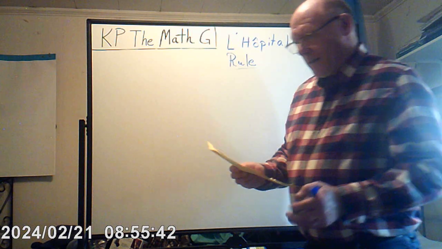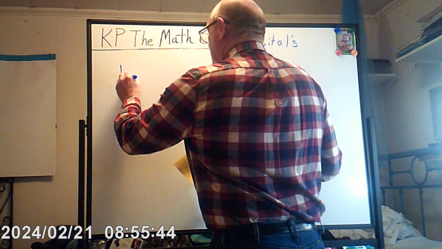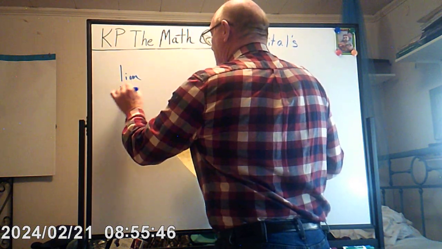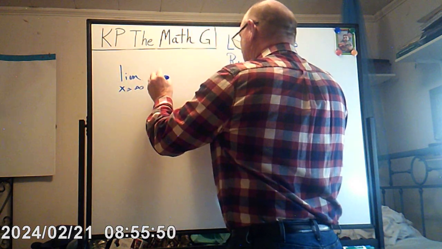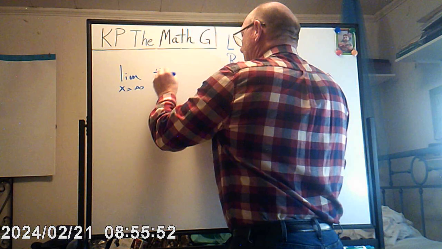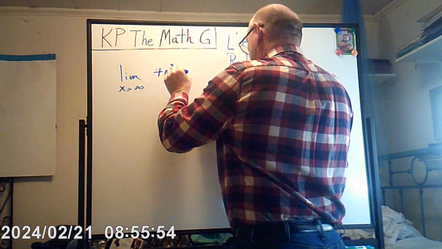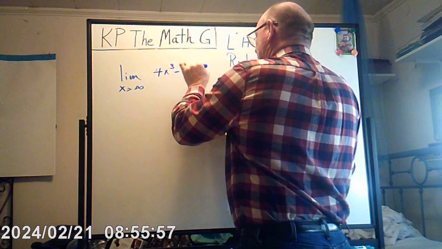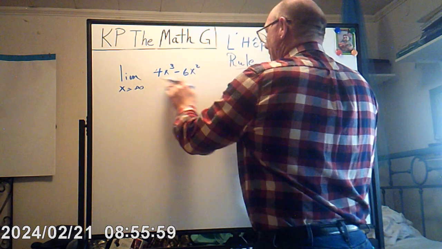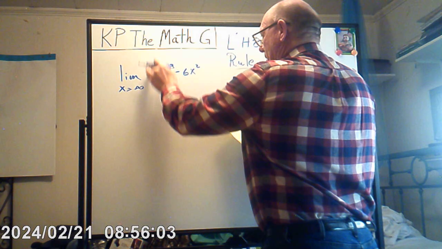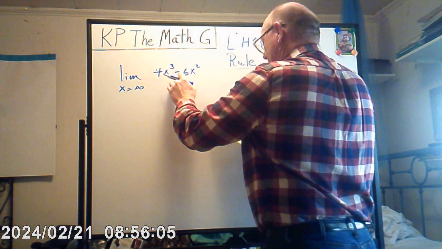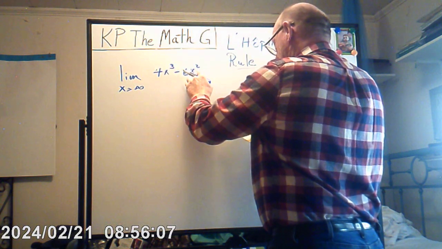Okay, now let's go ahead and do one final example. Let's look at a limit as x approaches infinity, and we got this kind of scenario here: 4x cubed minus 6x squared. Well, that is infinity already, even though this is minus here. This is likely going to increase faster than this.